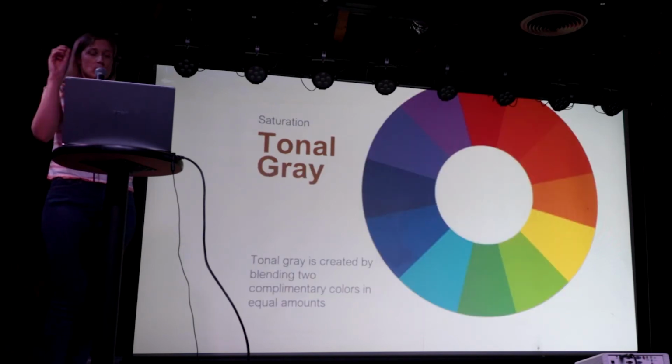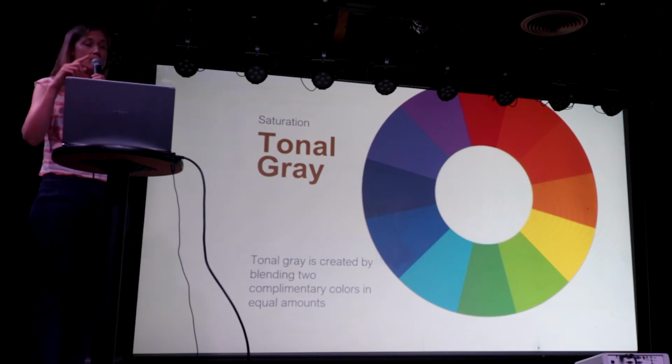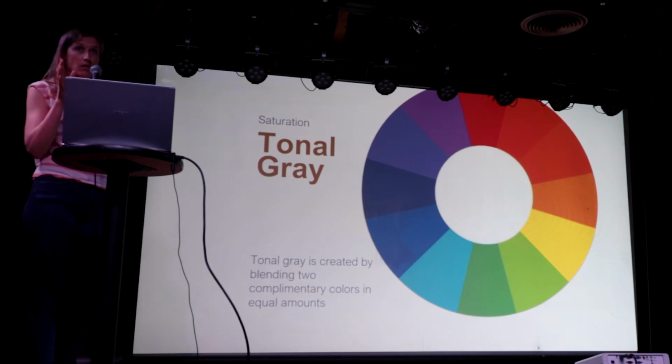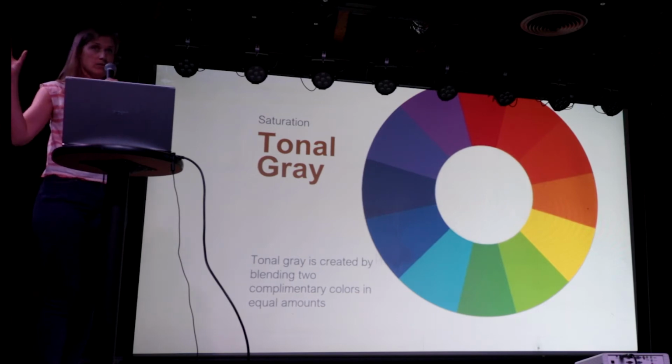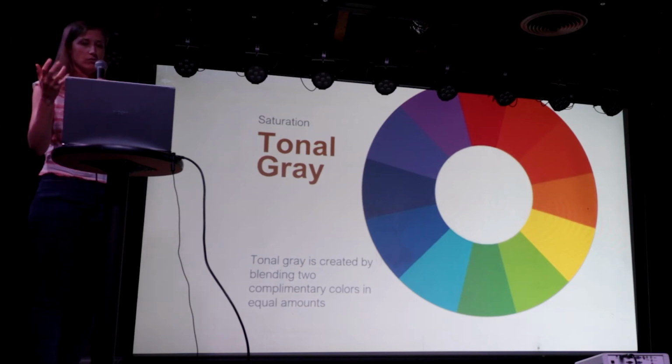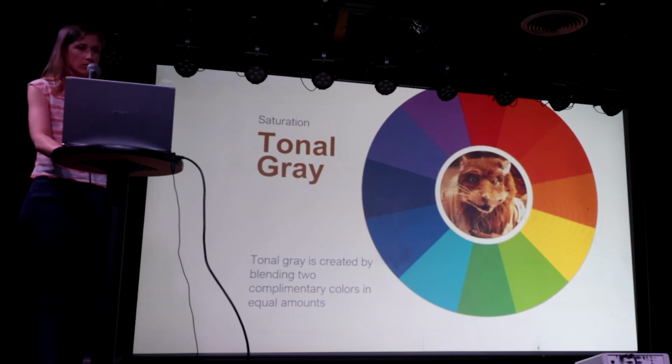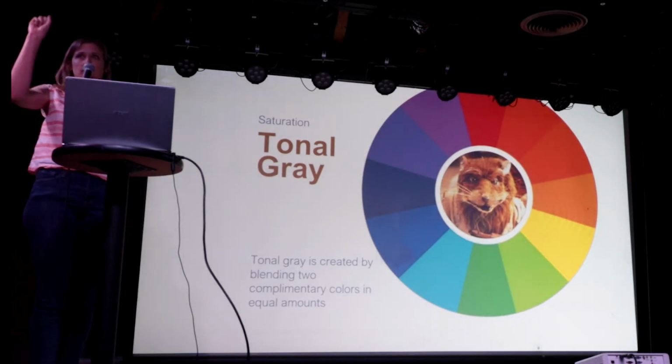By mixing these two complementary colors together, you desaturate both of them completely, and the result is a tonal gray. This gives you a neutral color that will still be visually complementary to the two bright colors you're using, and you can use it as an accent color and it looks really good. And it also gives you Splinter.